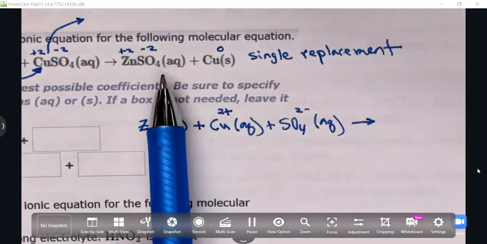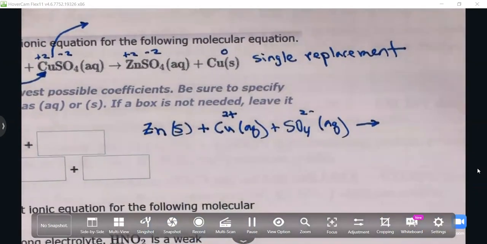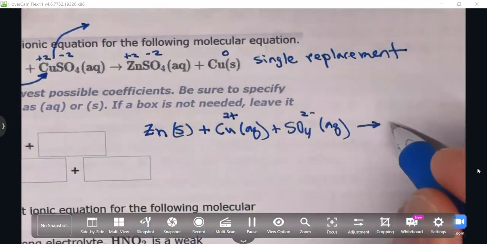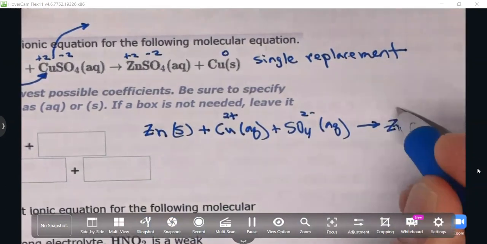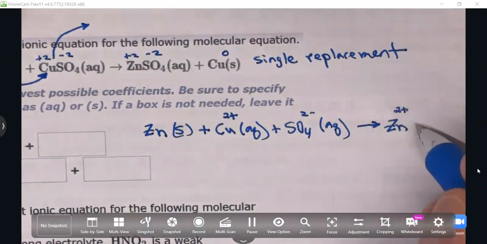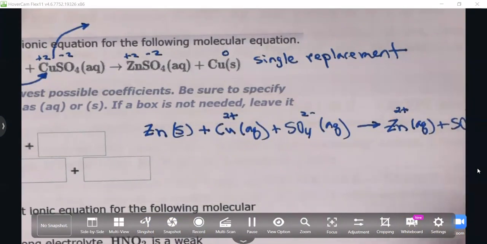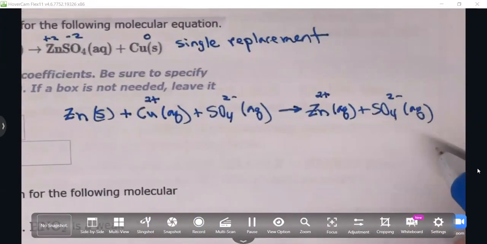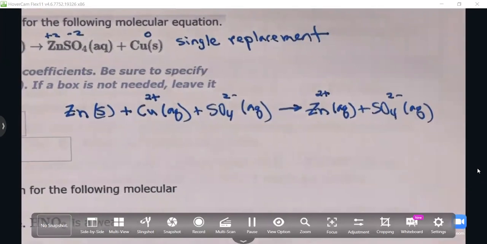This zinc sulfate is aqueous, so we're going to end up with Zn 2 plus aqueous plus SO4 2 minus aqueous plus copper solid.